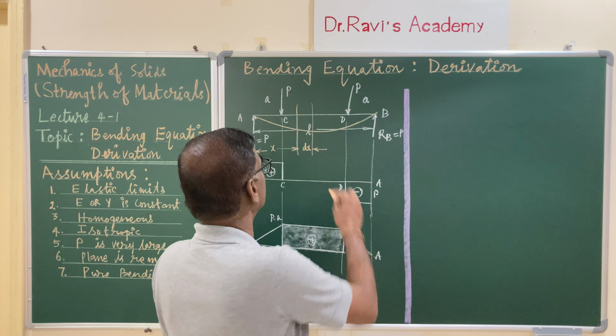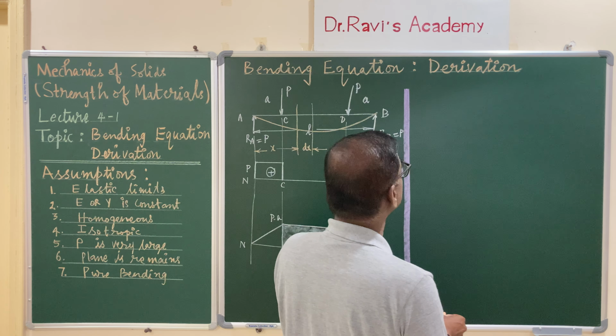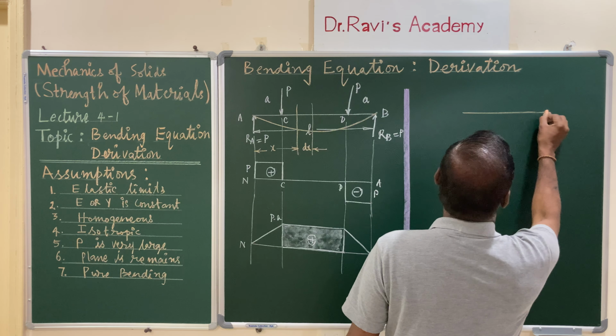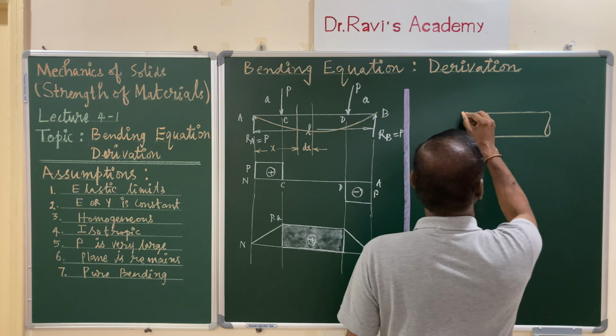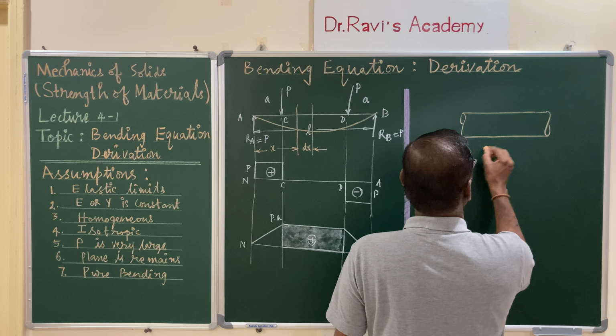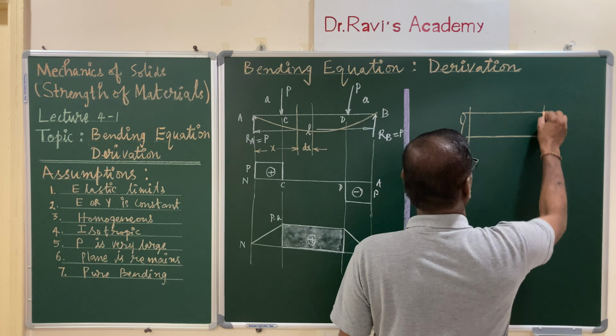Here is the magnified view of this, let me draw. Here I am considering a significant cross section. This length let me call dx.